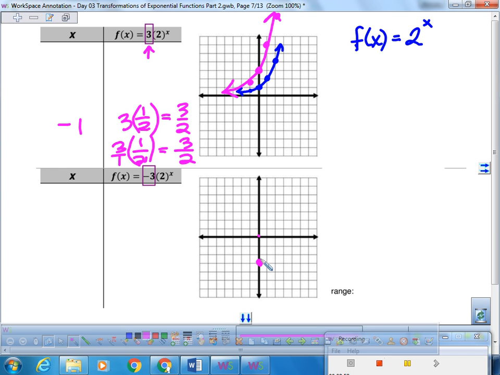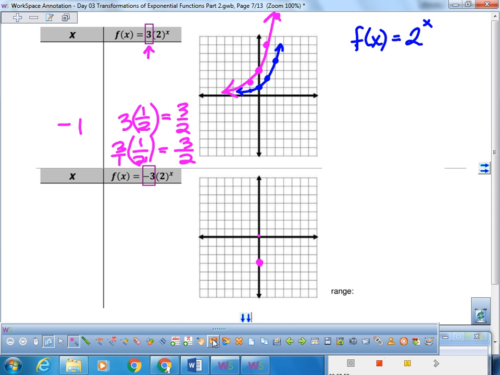Okay, so here's the hard part. All right. So is this going to go like this? Or is it going to go like this? Let's try and figure out why.